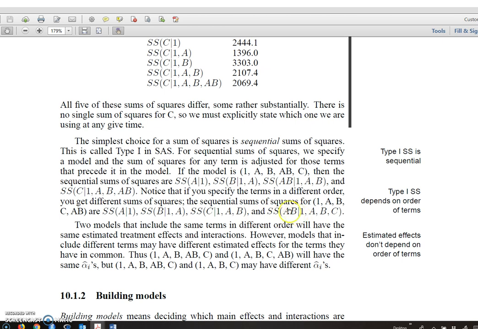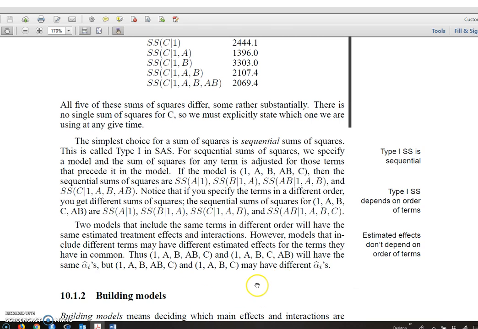So these are going to be different than these, right? Make sure you understand why. The two models that include the same terms but in different order will have the same estimated effects and treatments, however. But if we include terms that may have different estimated effects, they may include terms that have different estimated effects for the terms they actually have in common.